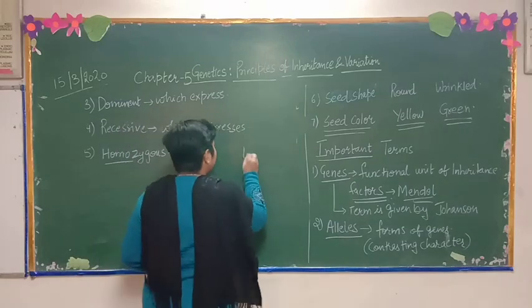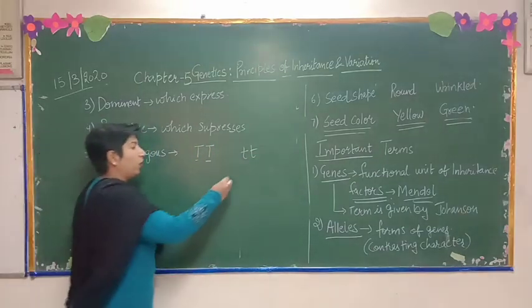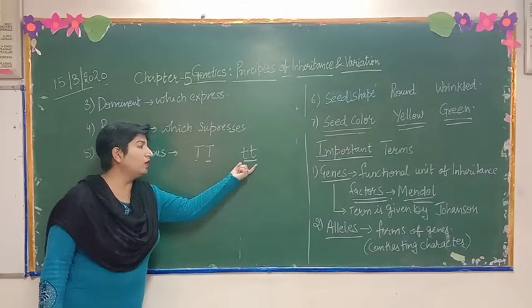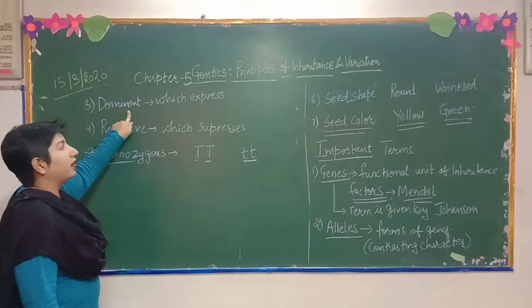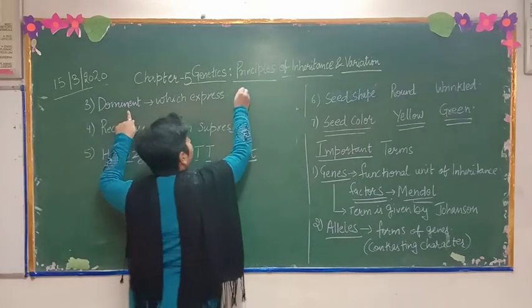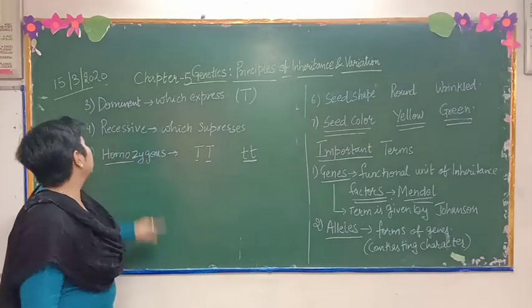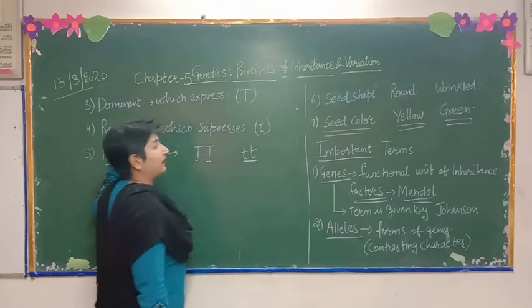They can be small t and small t. Again, both are similar. So we can say that they are also homozygous. Dominant genes we express with capital letters like this, and recessive genes we express with small letters.